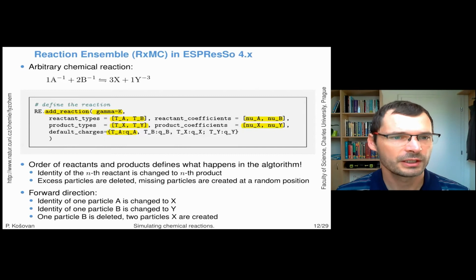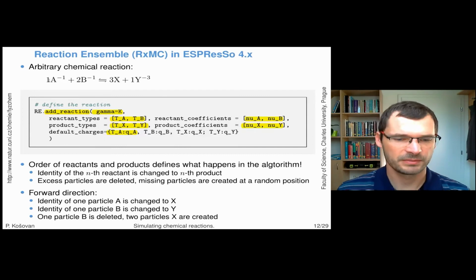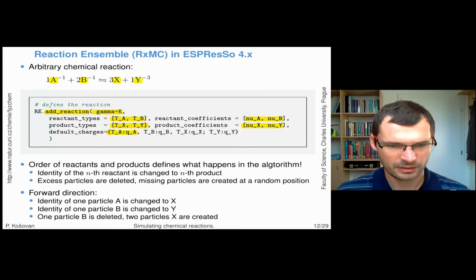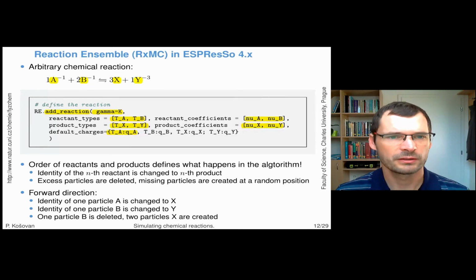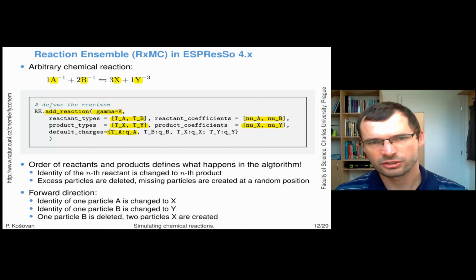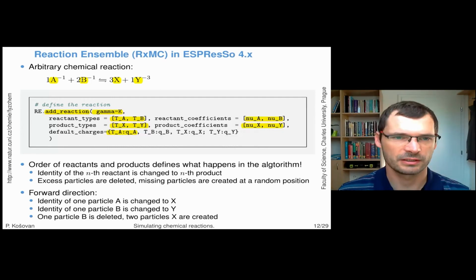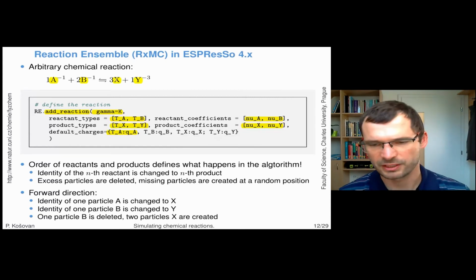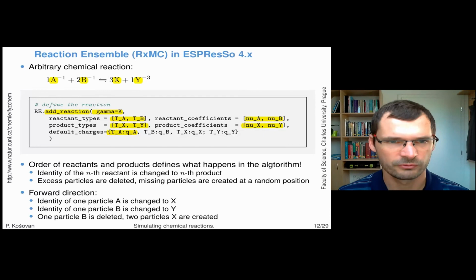Looking at the example above, this means that the identity of one particle A is changed to X, and the identity of one particle B is changed to Y. At the same time, one particle B is too much if we go from left to right, so it gets deleted, and two particles of X are missing, so they will be created in one reaction loop.